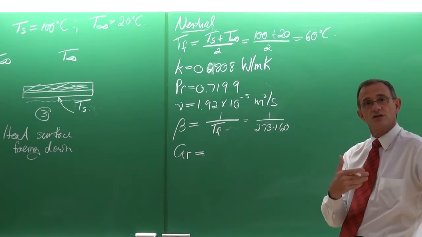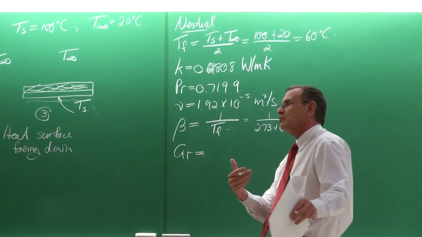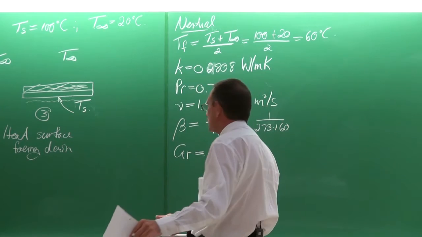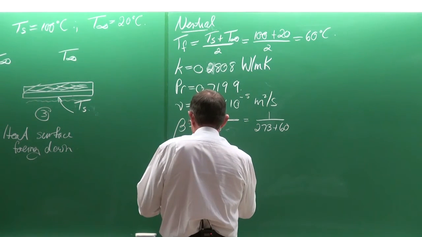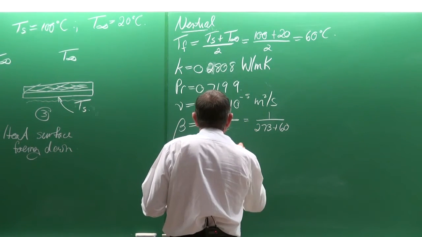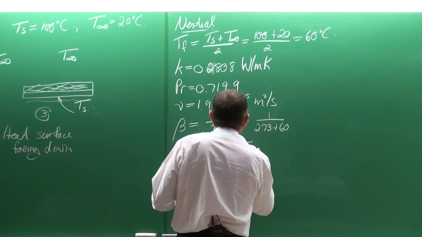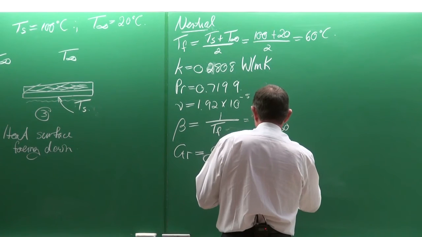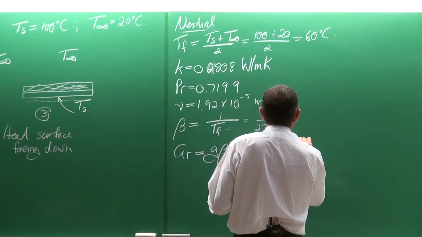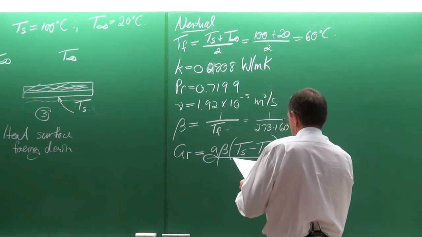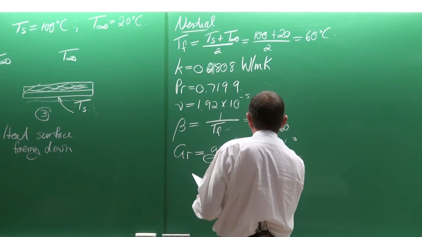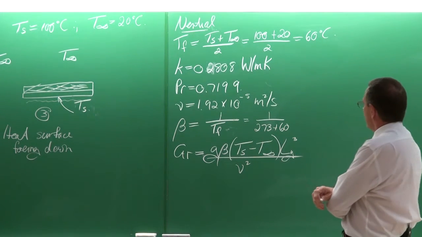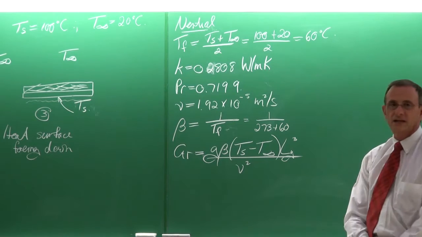And the fewer terms there are, the smaller your chances of making any errors. So the Grashof number is equal to g multiplied by beta, (Ts minus T infinity), multiplied by Ly to the third, and divided by the kinematic viscosity squared.